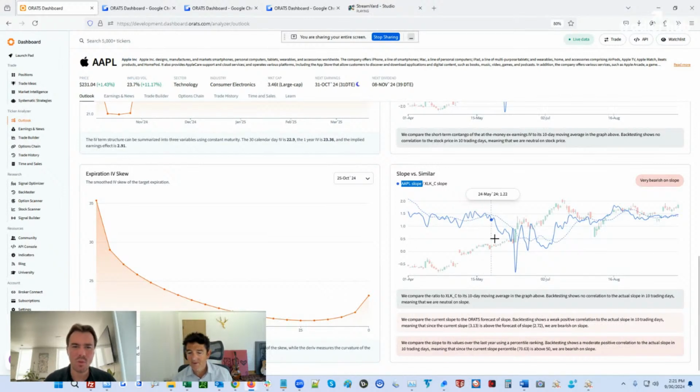But what you're going to find is that it's almost necessary to use this data in today's market environment, because as a retail investor, you're competing against algorithmic trading and robots and hedge funds doing all these trades. So you want to have this institutional quality data delivered to you in a quick and easy way. And that's what ORATS offers.